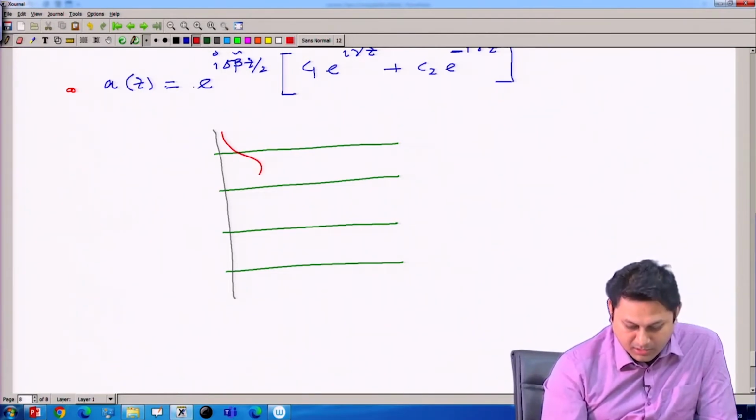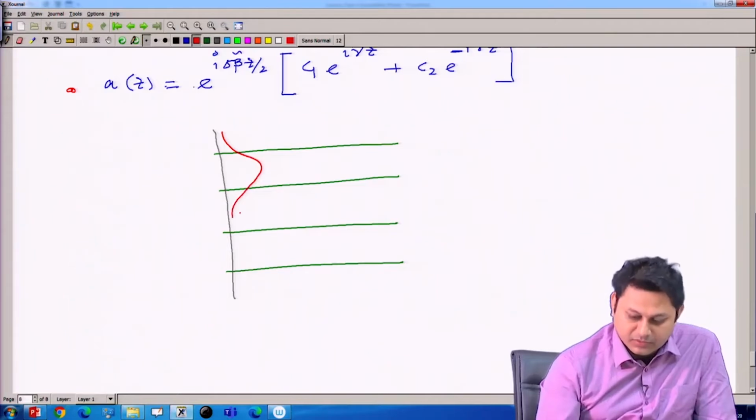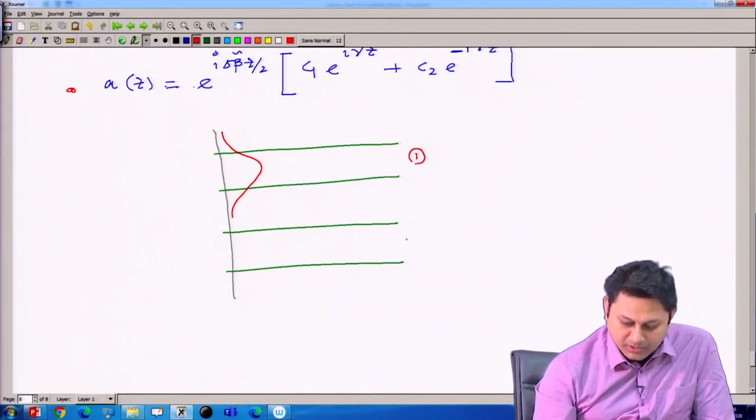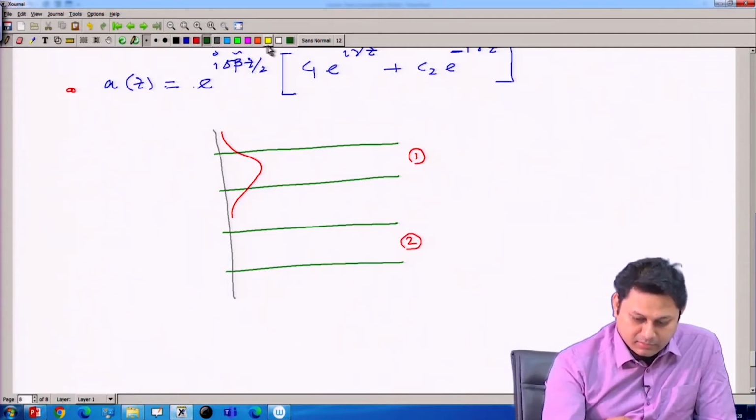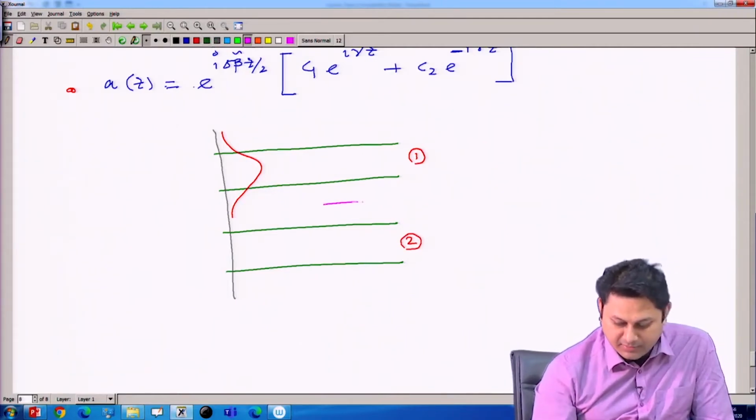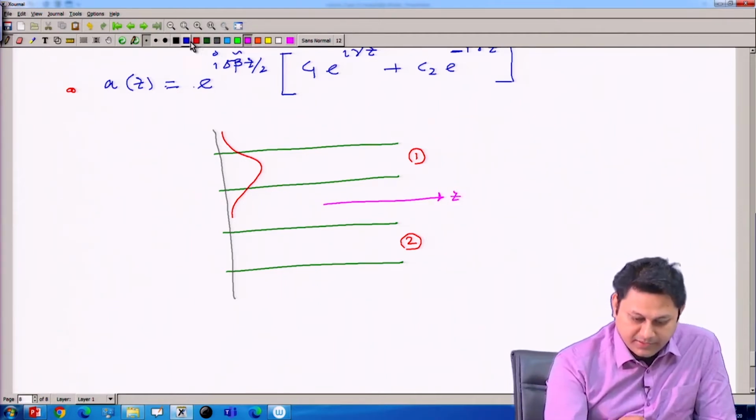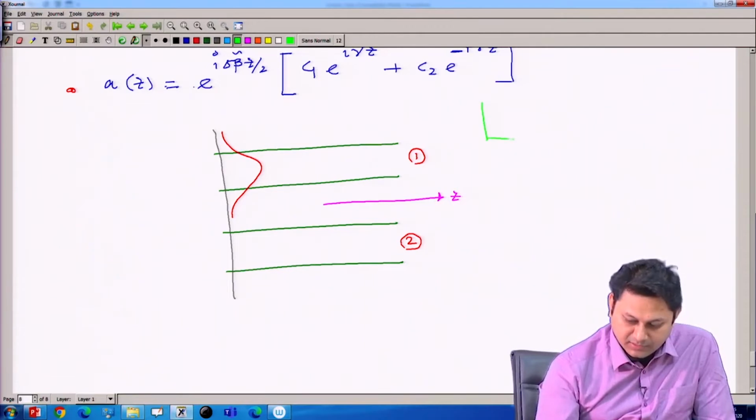At waveguide 1 I launch light here, and this is waveguide 2, and along this direction I have my z. The refractive index profile, if I draw it, should be something like this: two waveguides placed side by side.